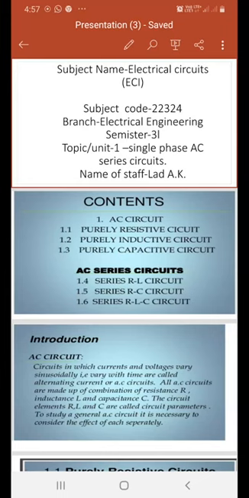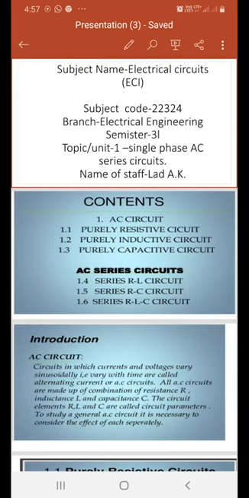Today we will discuss, or study, Unit 1: single phase AC series circuit. The content of AC circuit: 1.